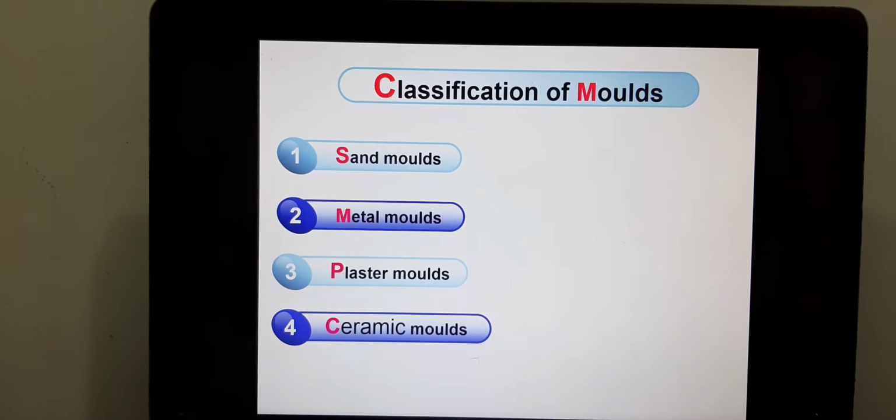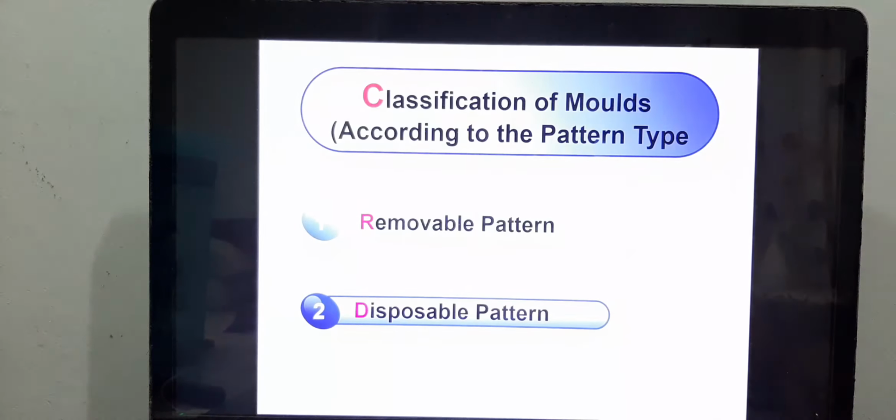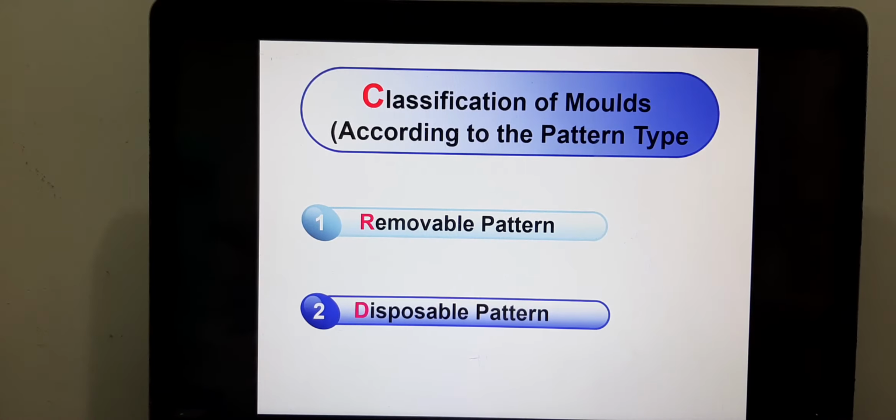Okay, so like I mentioned to you earlier, classification of molds: you have sand mold, metal mold, plaster mold, and ceramic mold. So obviously in this chapter, we're going to talk about sand mold, in particular silica sand mold. Like I mentioned, there are two types of pattern, the removable pattern and the disposable pattern.